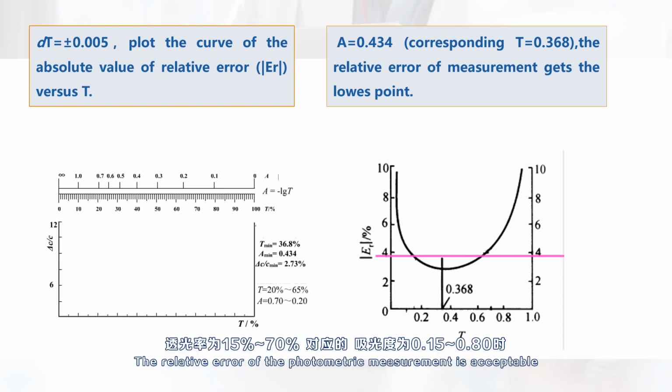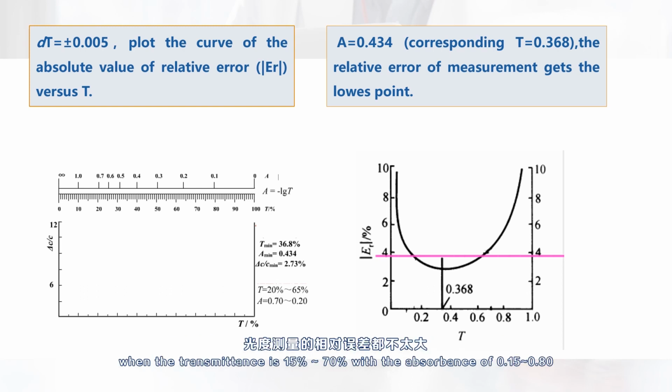The relative error of the photometric measurement is acceptable when transmittance is 15% to 70%, with the absorbance of 0.15 to 0.8.